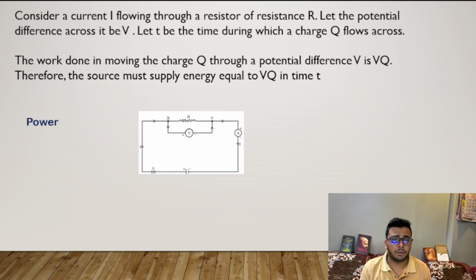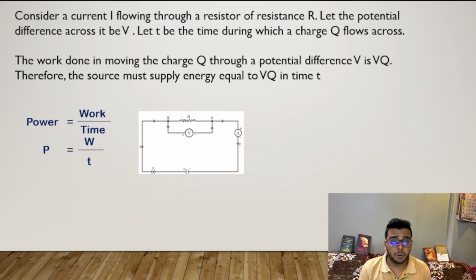Next, the power formula we'll be applying first. So this is the first step of your derivation. Power is nothing but work upon time. Perfect. Power is work by time. Then P is W by t.